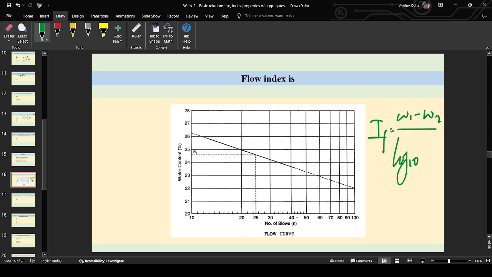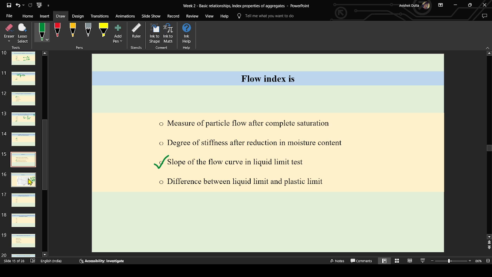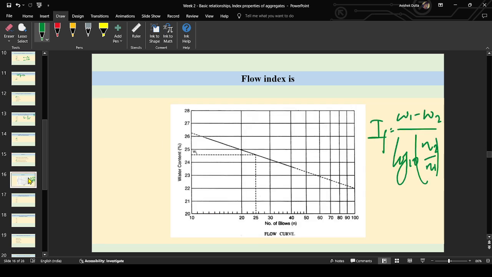So here again n2 will be more than n1, n2 by n1 number of logs. Okay, so this is called the flow index, from the slope of the flow curve. Okay, next question.